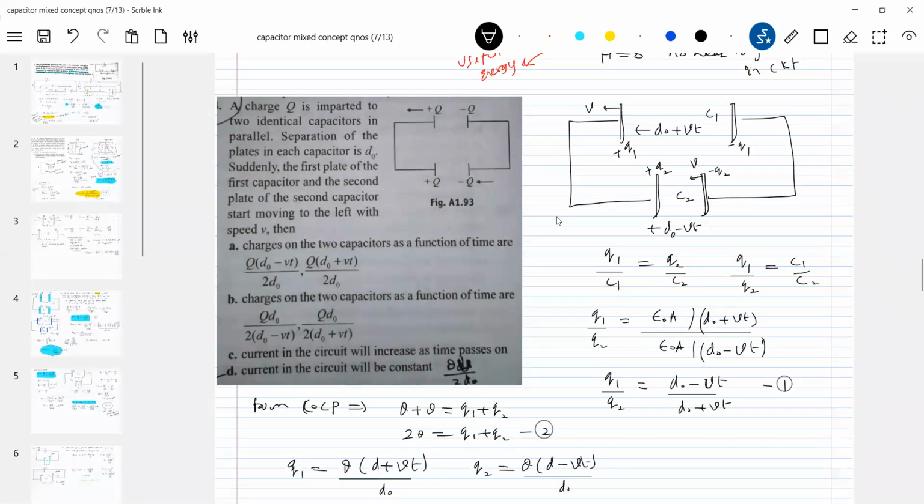Q1 plus Q2 is equal to 2Q, no? So Q1 will be equal to Q into D minus Vt by D naught, and this will be plus. These are the equations.